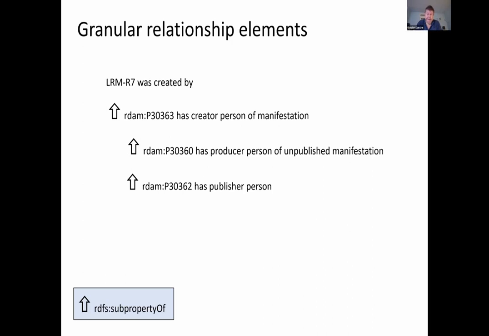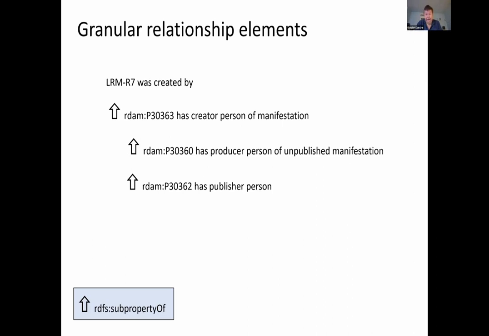So RDA has a relationship for unpublished manifestations, that is manifestations that have not been published by a mechanical process. And it has a separate relationship for manifestations that have been published by a mechanical process.